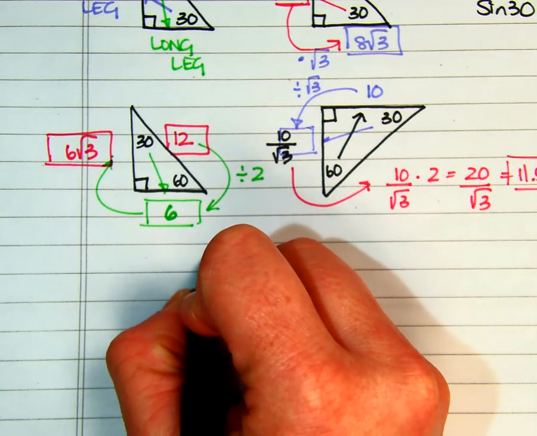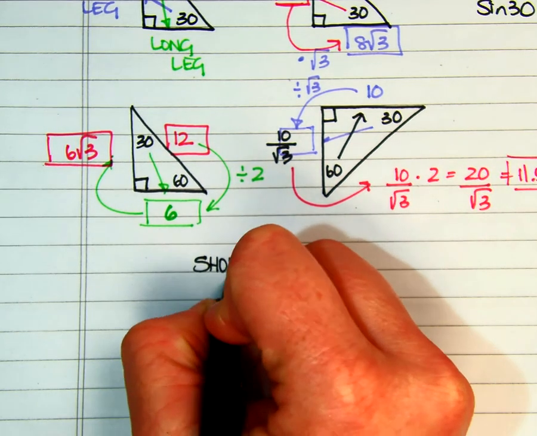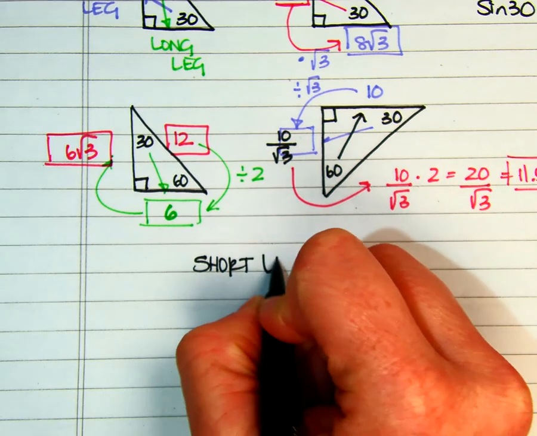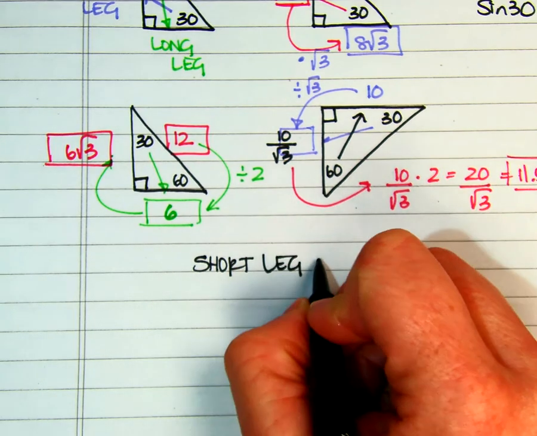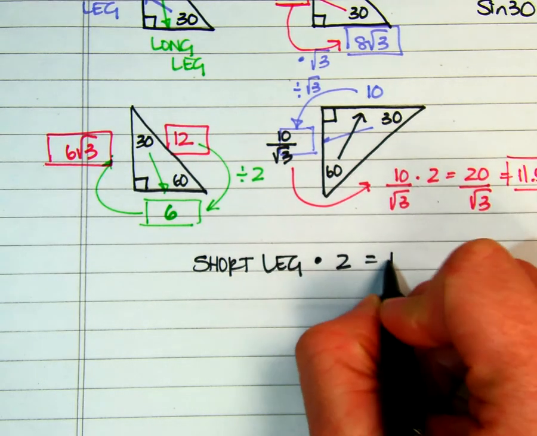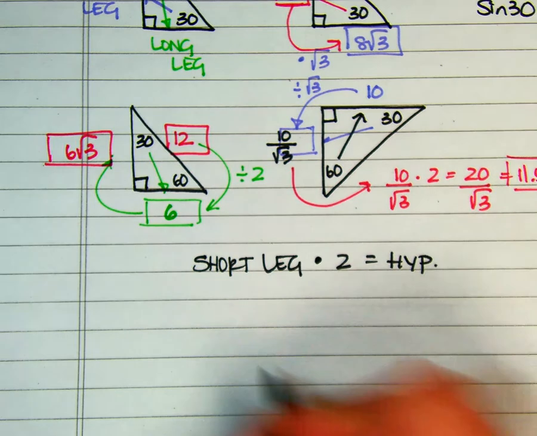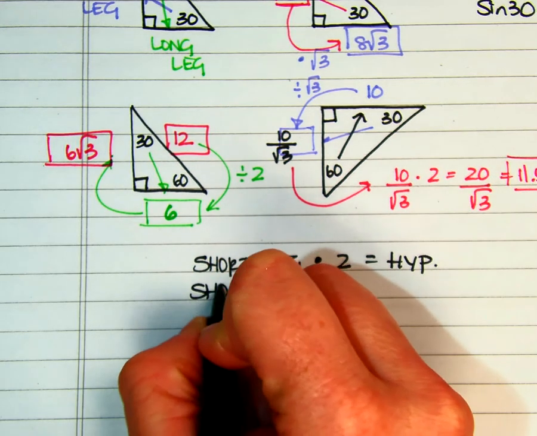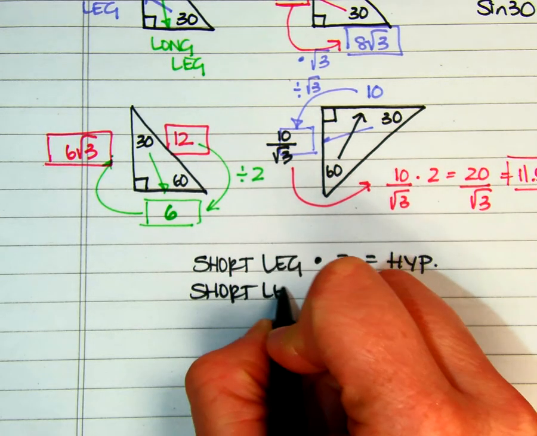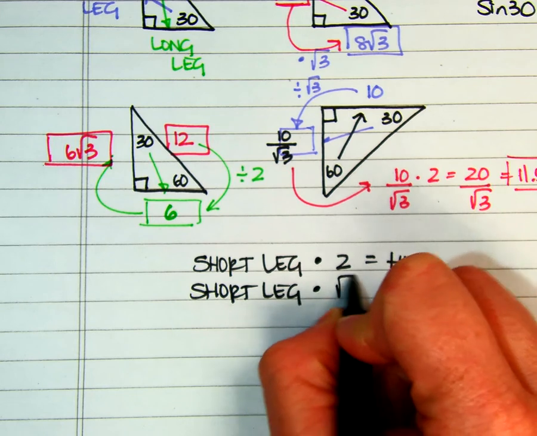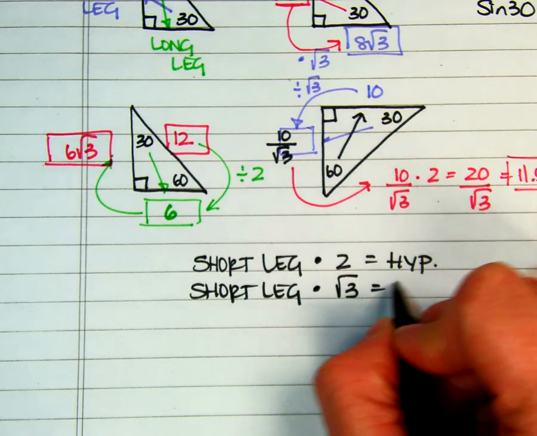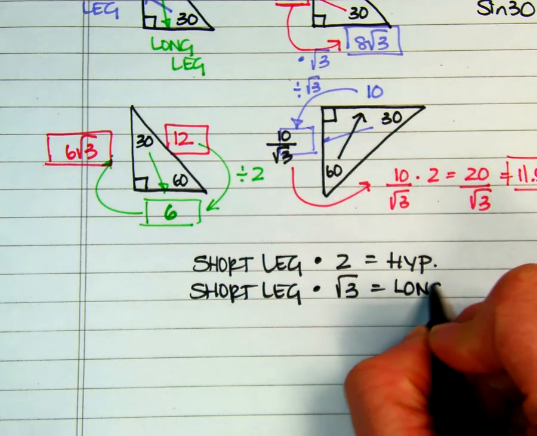So if I have the short leg, times 2 gives you the hypotenuse. The short leg times the square root of 3 equals the long leg.